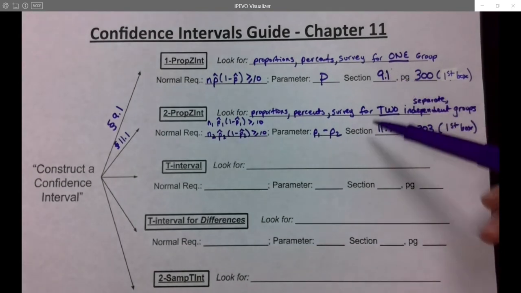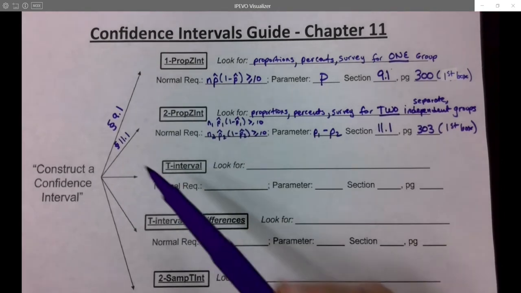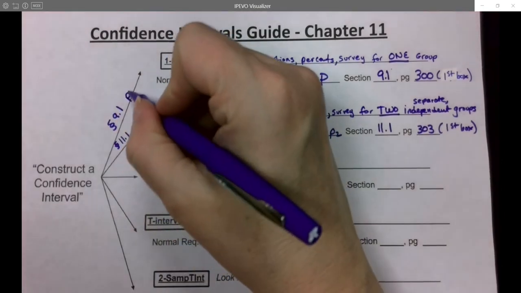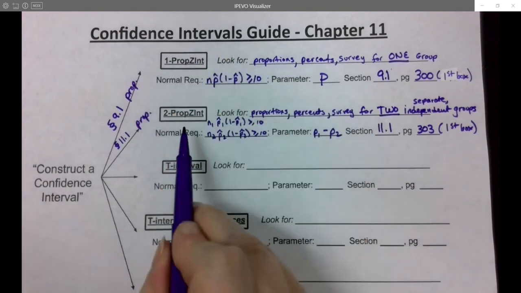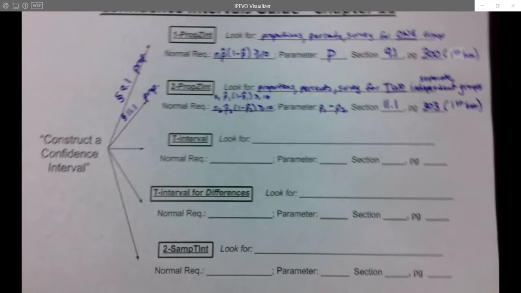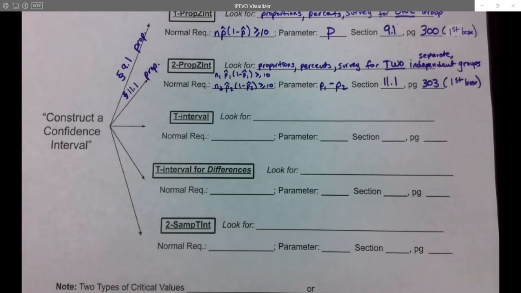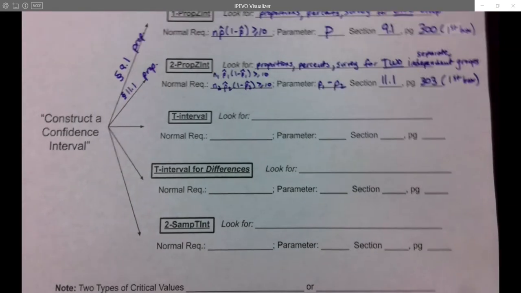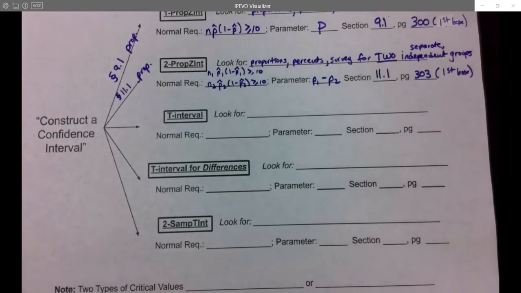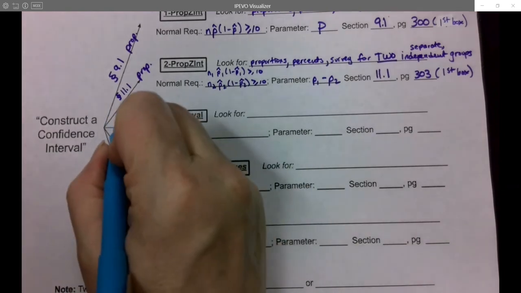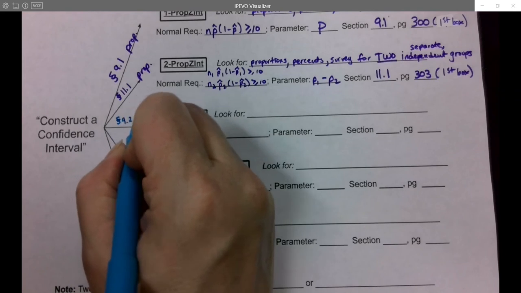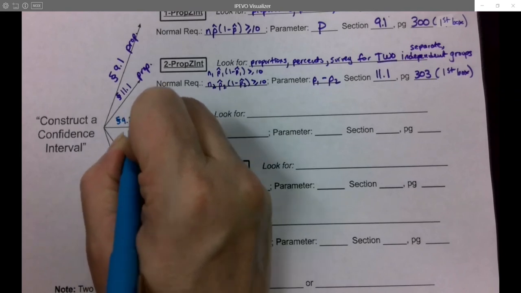All right, now those are the two that are for proportions, because everything we do, of course, is for proportions. So this is proportions, and this is proportions. Single, double. Now we have to look at the mean ones, which are the three down below, of course. So for means, we have three options. We have the one that we learned about in section 9.2. That's for a single mean.